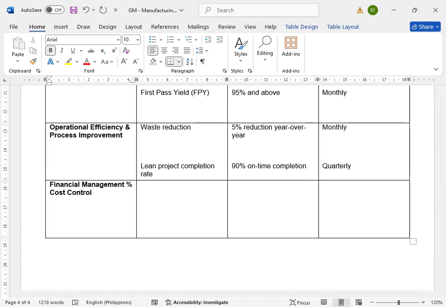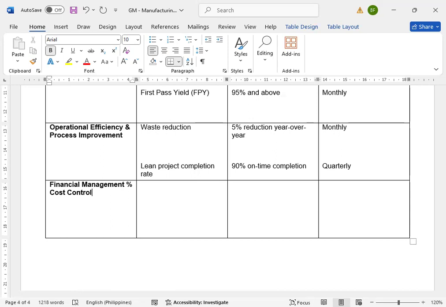You see, this is actually always part of the responsibility of a manager, even a middle manager or a senior manager. And this is part of the PLOC responsibility.